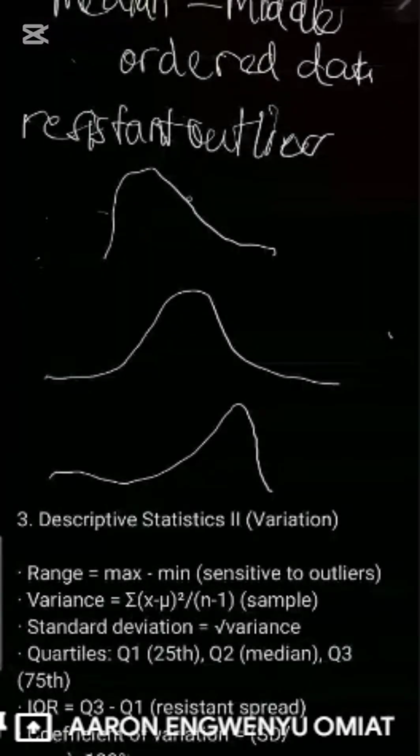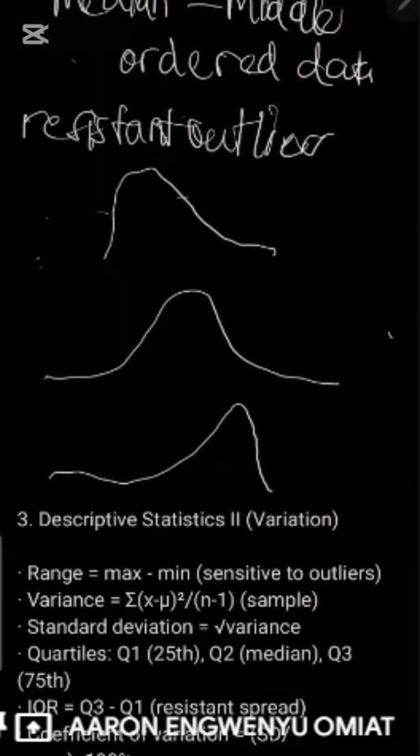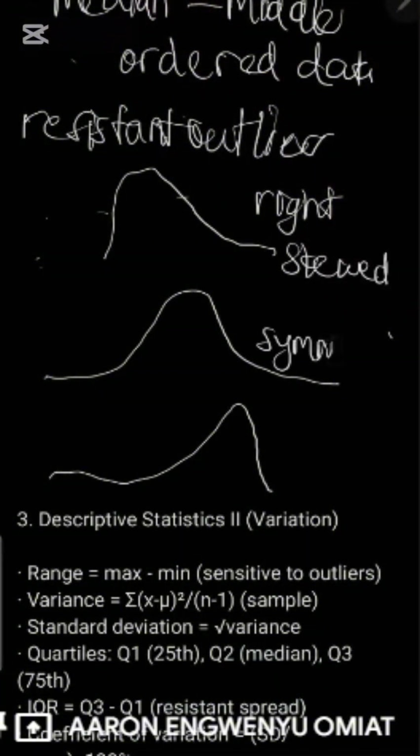So this is right skewed, this is symmetrical data, and this is left skewed. So data can take different shapes at times.